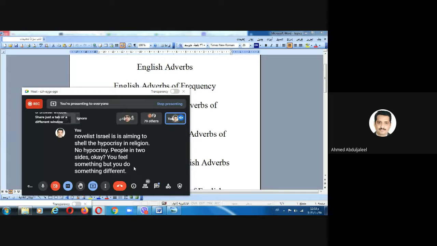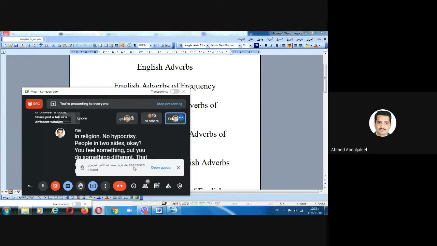That is what we call hypocrisy. So this is the theme of the novel. And then you are going to see the different opinions that are written about this novel. Do they agree with the novelist, or disagree about these things? And how can this theme be presented in the characters of the novel?